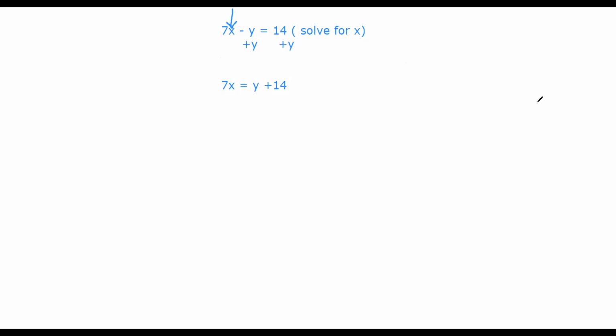Cancel it, move it, add it, subtract it, do something with it, get it to the other side. Get it through that doorway. And the only way to go through this spot here with the equal sign is to use opposites. So here's this 0 pair of y's that cancel each other out. One negative y and one positive y equals 0y. 0 times y is still 0. So this actually is only a 2-step equation because now we just got to divide everything by 7. And it's going to look really funny.